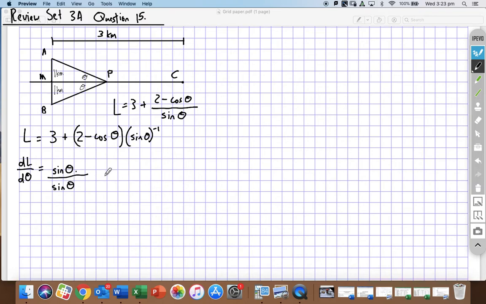All right. Plus this function here, 2 minus cos theta, times the derivative of this. Okay, well that'll be times minus 1 sine theta to the minus 2. That's the outside.